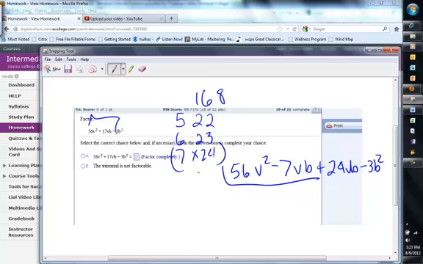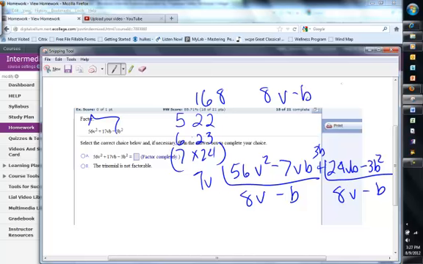Can take out a 7v and we're left with 8v minus b. Take out a 3b and we're left with 8v minus b. So our factored form is 8v minus b times 7v plus 3b. Let's enter it on our calculator just to make sure that it works. Mode 5, 3, and it'll be 56, 17, and negative 3.